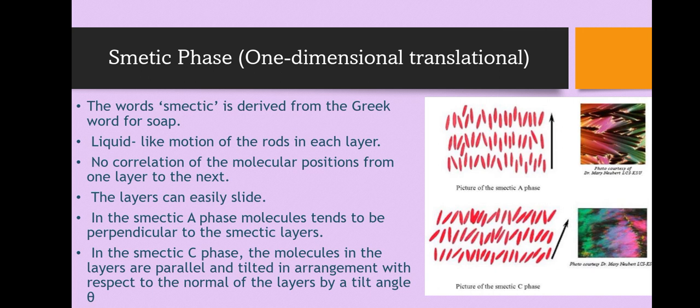In smectic A phase, the molecules are perpendicular to the smectic layers, while in C phase, the molecules in the layers are parallel and tilted with respect to the normal of the layers by an angle of theta. These layers can easily slide over each other, and there is no correlation between the molecular position of one layer to the next layer, and this is the property of the smectic phase.